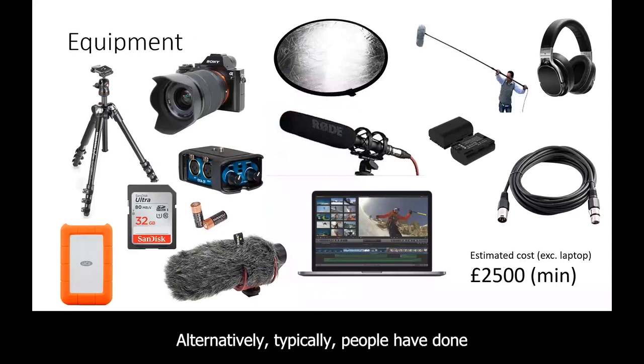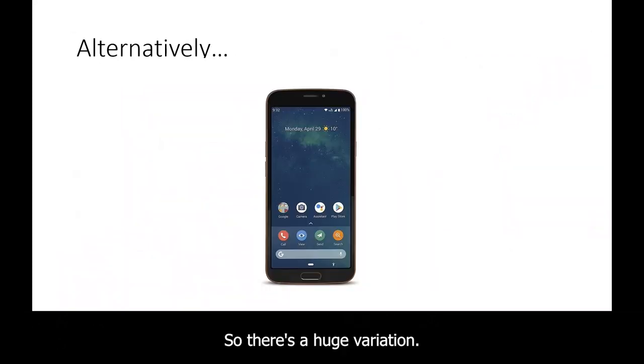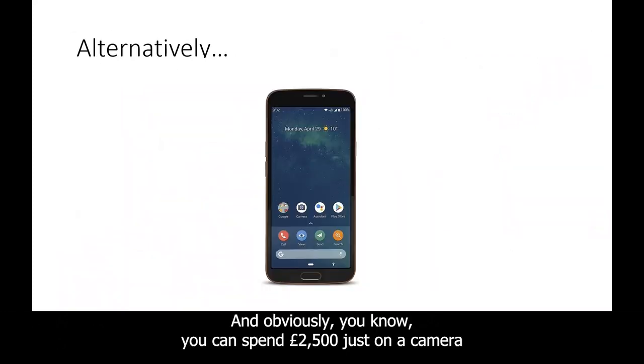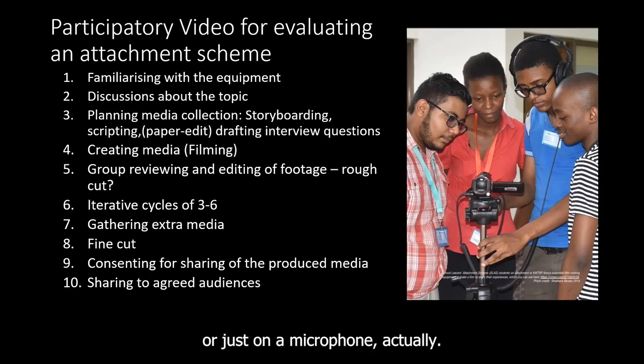Alternatively, people have done participatory video projects just with their smartphones. So there's a huge variation, and obviously, you can spend £2,500 just on a camera, or just on a microphone, actually. So the sky's the limit on how much you spend.